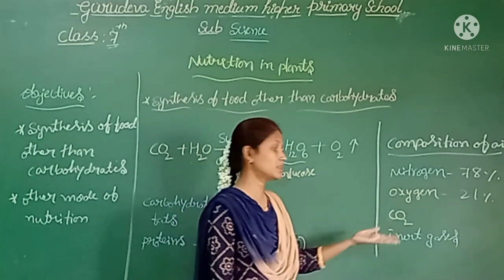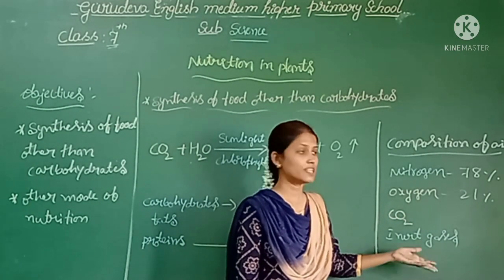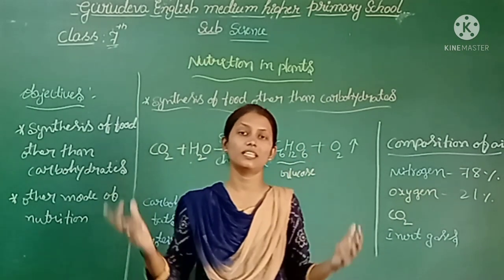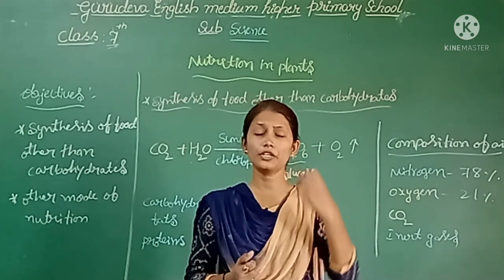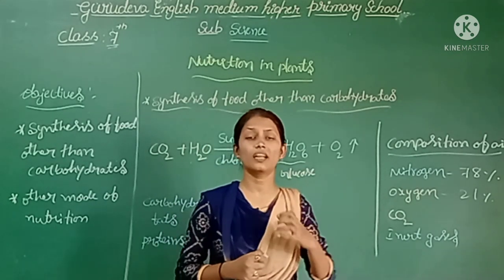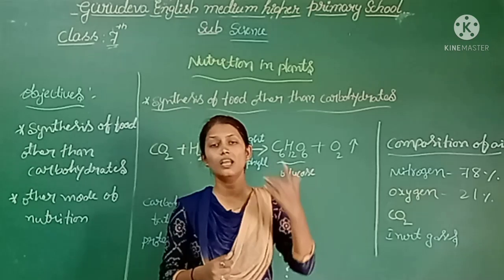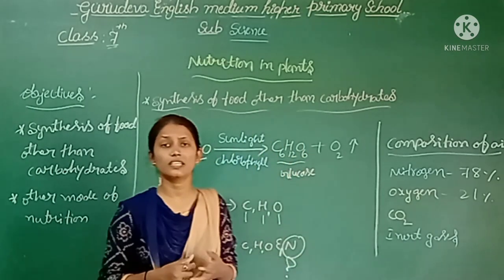The remaining percentage contains carbon dioxide and inert gases. Just think, 78% nitrogen is present in the atmosphere. Then plants could easily use the nitrogen present in the atmosphere. But actually plants do not use the nitrogen gas present in gaseous form in the atmosphere. Then how does nitrogen enter into the plant?